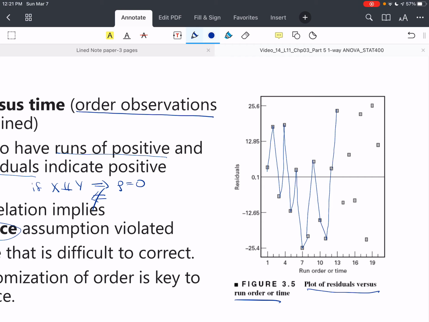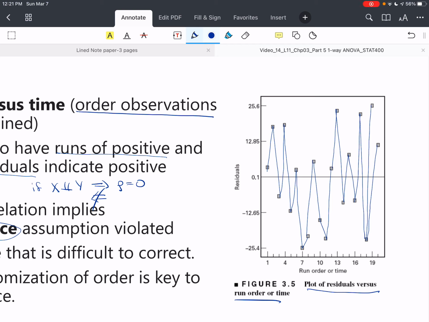So the order of the observations. Very difficult. The points are very close together, at least for me, to tell what is the order of these observations. And so this, and then this.